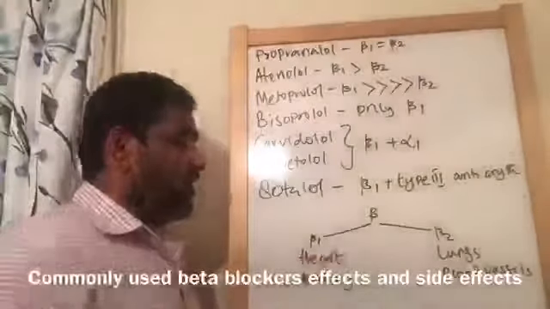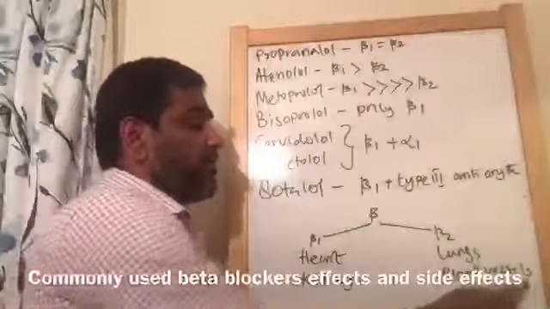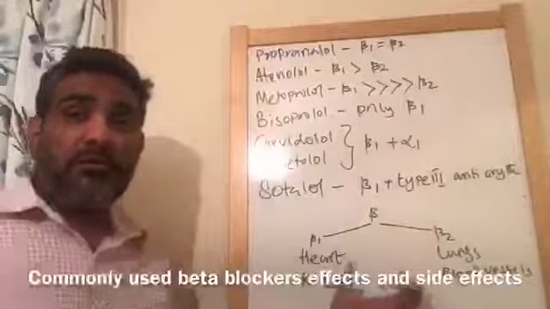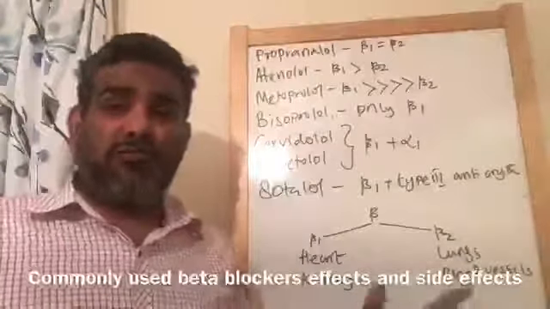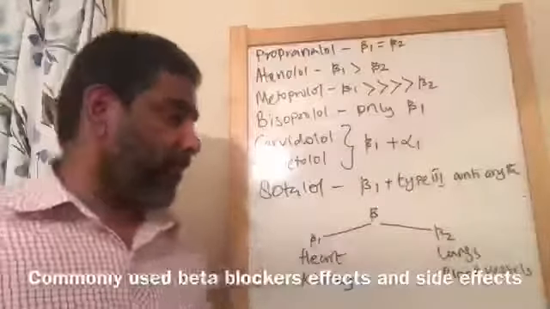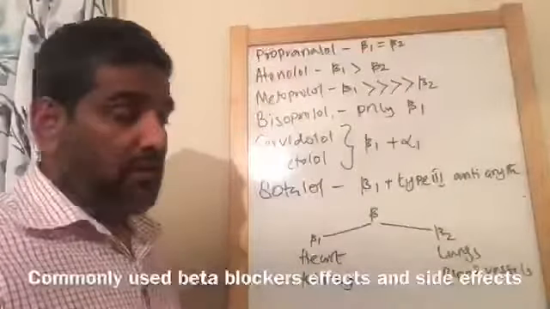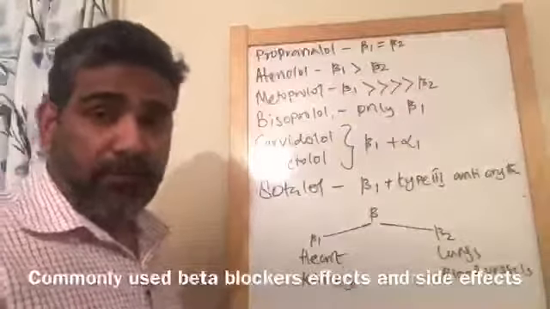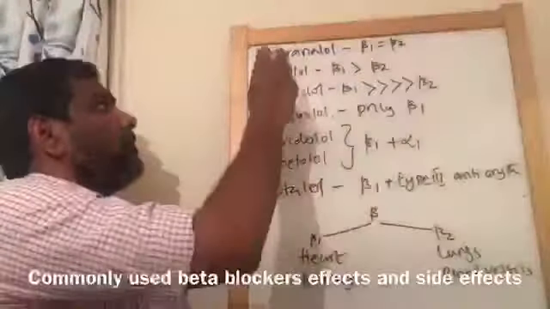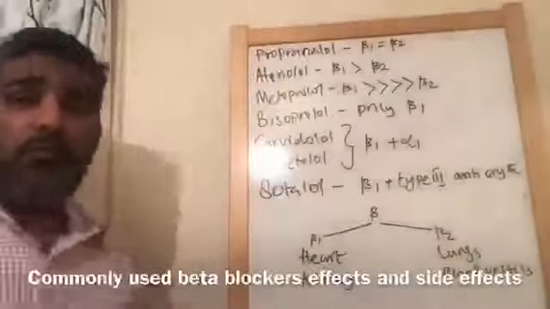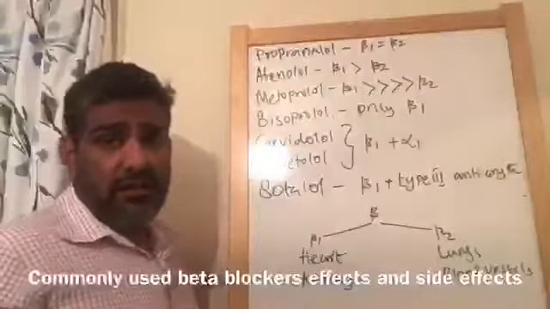At the same time, it can produce bronchoconstriction and vasoconstriction. So it is contraindicated in asthma patients, and it can produce cold extremities. Patients often complain of this cold extremity problem when we start beta blockers. This is not only for propranolol; all the other beta blockers can produce this kind of side effect.